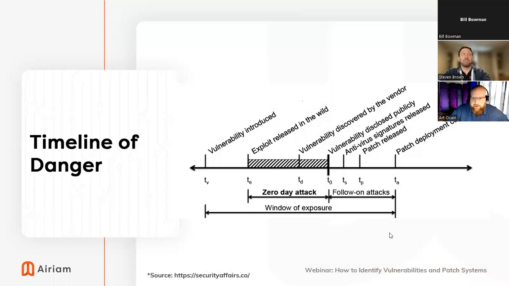We notice it's a problem, but there's no proof of concept yet of how to use it to gain access to a network. Once a researcher or a hacker develops a proof of concept, then it becomes an exploitable vulnerability. So there's an actual way to use this vulnerability against you.